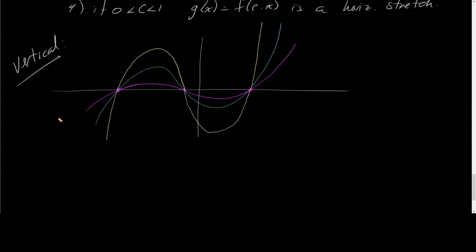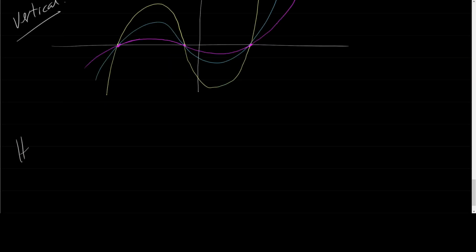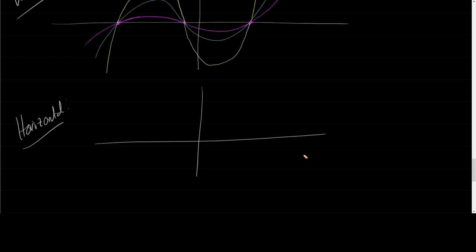Let's look at the horizontal stuff. Once again, I'll draw my generic graph here in blue, and I'll do something similar. Now we're doing horizontal stretch and shrink.